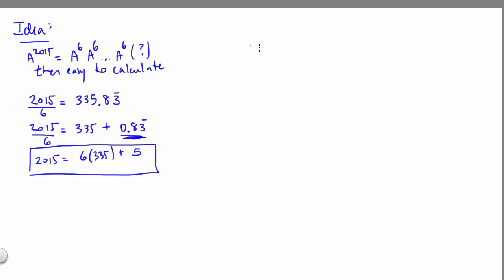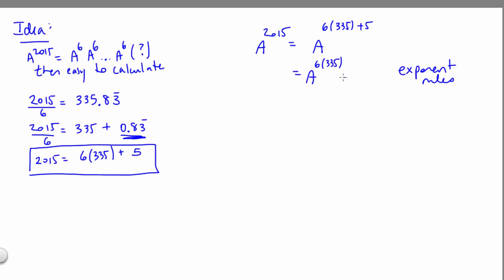So let's take this expression that we've just figured out, and let's say that a to the 2015 can be rewritten as a to the 6 times 335 plus 5. And now we're going to think about some exponent rules. First of all, when you have a sum in the exponent, that's the same thing as having a product, so we could rewrite this as a to the 6 times 335 times a to the 5th.